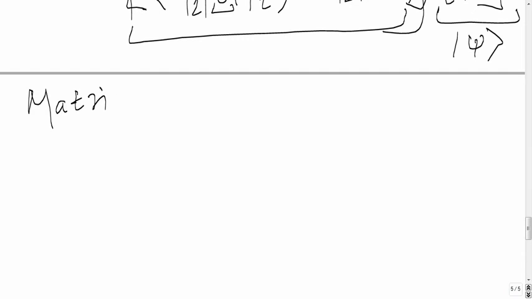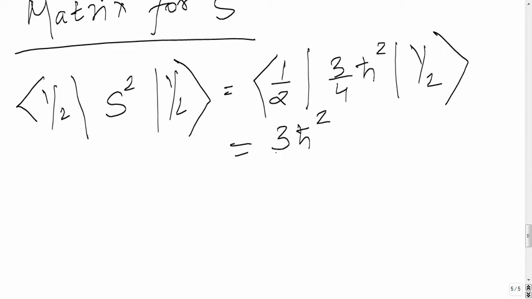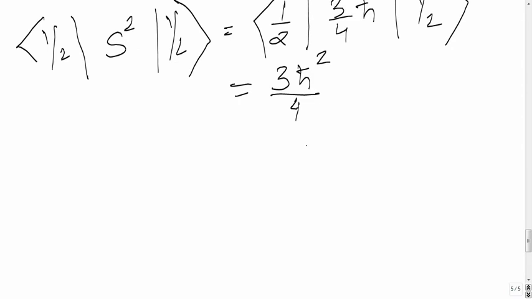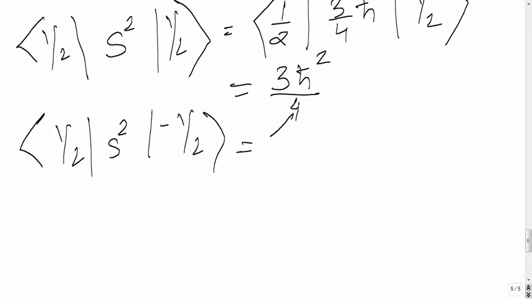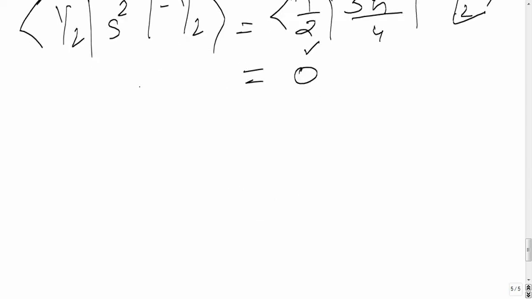So, the matrix for S squared. You know that when S squared acts on the plus half state, this eigenvalue comes out, and if you assume that the plus half and minus half states are orthonormal, this would give us this. Similarly, plus half S squared minus half would give us 0, because the 3 by 4 h bar squared would come out, but these two states are orthogonal, their inner product would vanish and this would be 0 again.